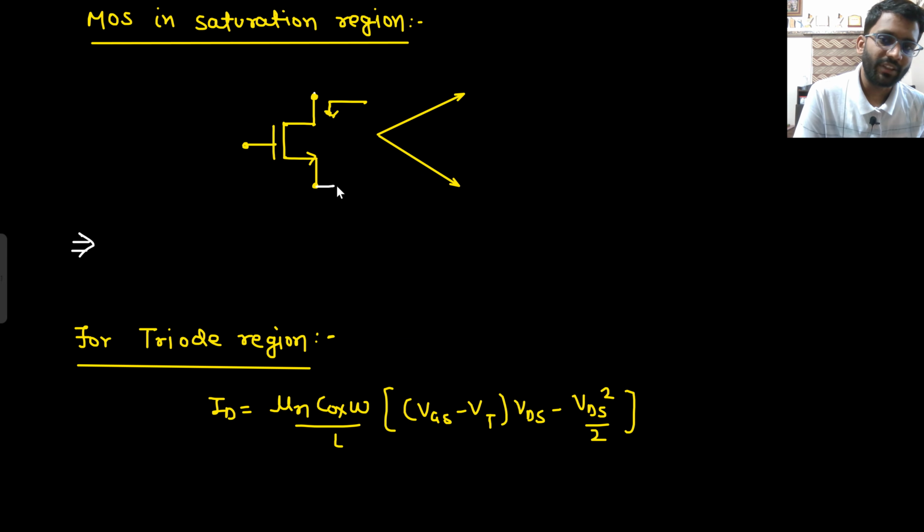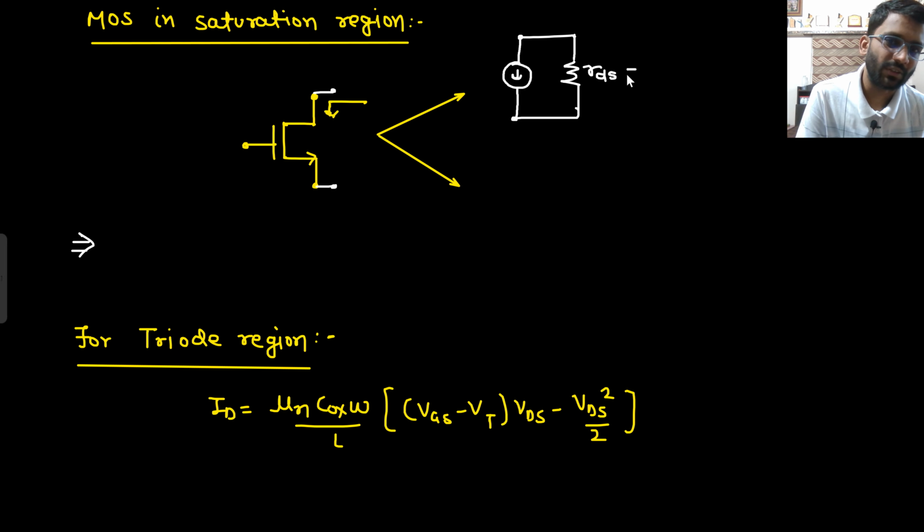So MOS in saturation region, if you are seeing from this terminal, can be replaced with a simple current source, but with the output resistance of RDS that has a value of 1 upon lambda ID sat.